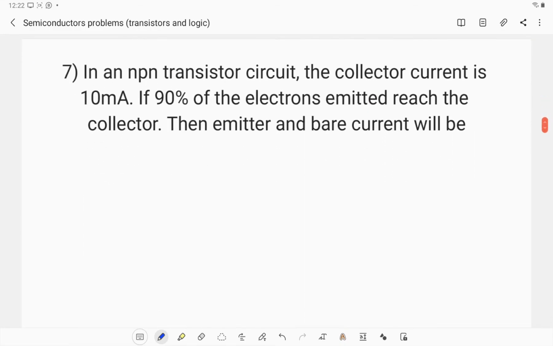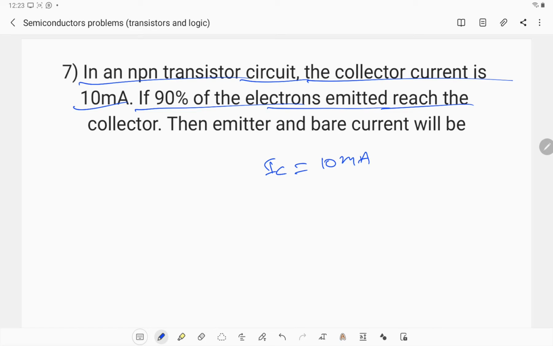Next, problem number 7. In an NPN transistor circuit, the collector current is 10 milliamperes. If 90% of the electrons emitted reach the collector, then find the emitter and base current. 90% of electrons emitted reaching the collector means collector current is equal to 90% of emitter current.